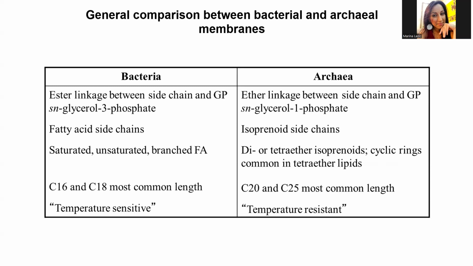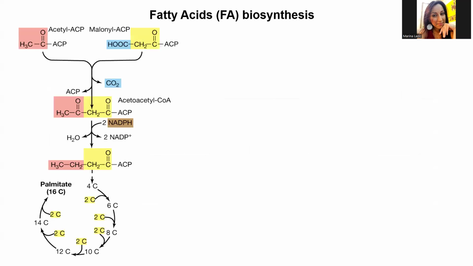It's an ester bond in bacteria, an ether bond in archaea, and in bacteria you will see C16, C18 common length, while in archaea there will be many more carbons, like 20 and 25. So in bacteria you will have temperature sensitivity, while in archaea it's going to be temperature resistant, because that's how we function. So, any questions so far?